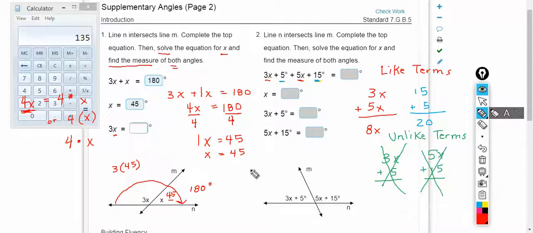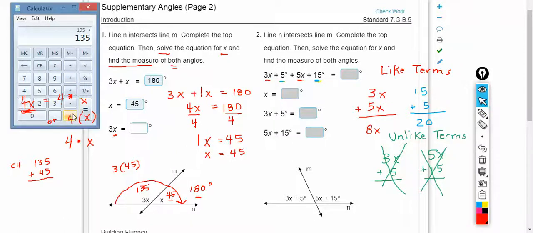So that's 135. And then we check our answer when we add 135 plus 45. For it to make sense, when you put them together, they should equal what? 180. So let's go here. We got 135 in the calculator already.